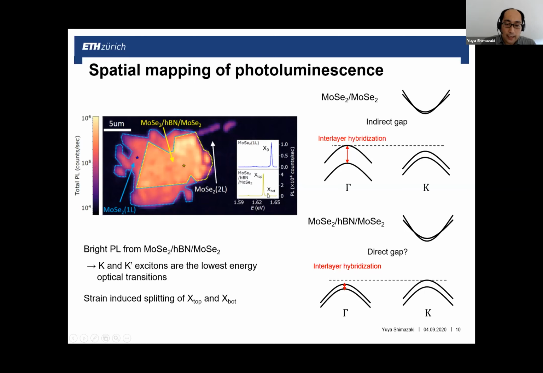The origin of the energy splitting of these two lines we attribute to strain-induced splitting. And indeed, if we go across the sample, the energy splitting of these two lines changes and even flips. So the top layer exciton can go to a higher energy than the bottom layer exciton depending on the position.